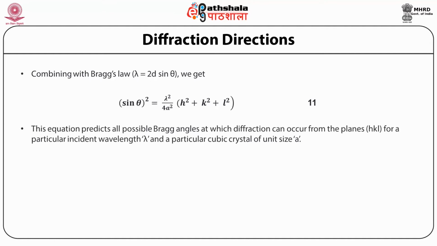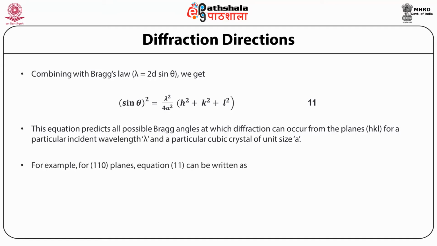This equation predicts all possible Bragg angles at which diffraction can occur from the planes hkl for the particular incident wavelength lambda and a particular cubic crystal of unit cell size a.